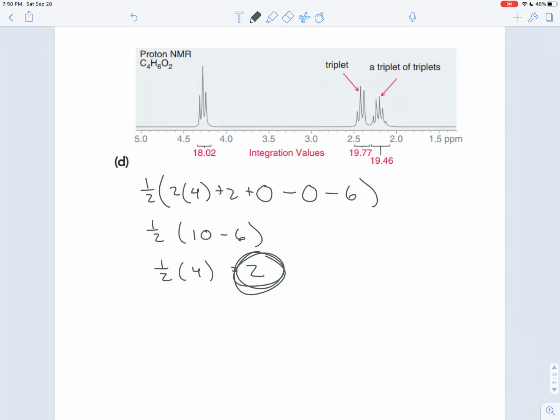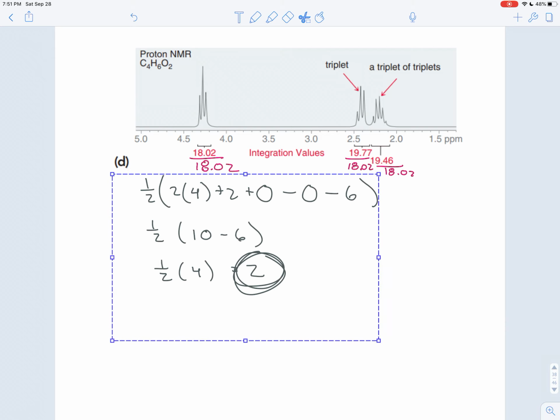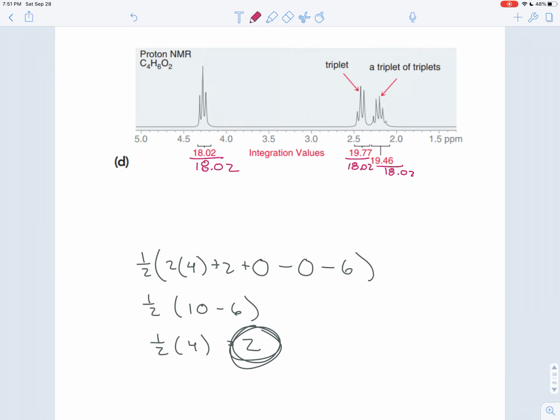Okay. I think the next thing that would help us is to look at these integration patterns. So let's get actual numbers of hydrogens for those. The smallest number here is 1802, so I'm going to divide each of these by 1802. And that gives me pretty much just 1 for all of those.